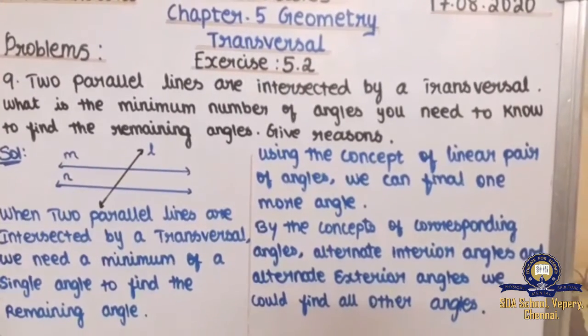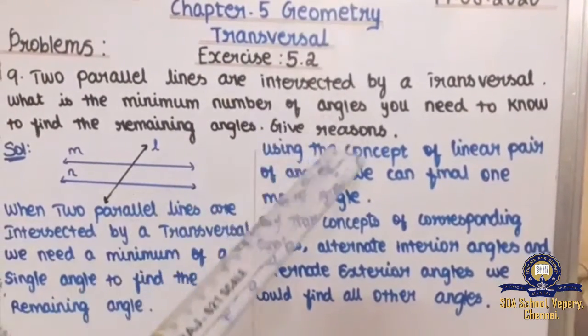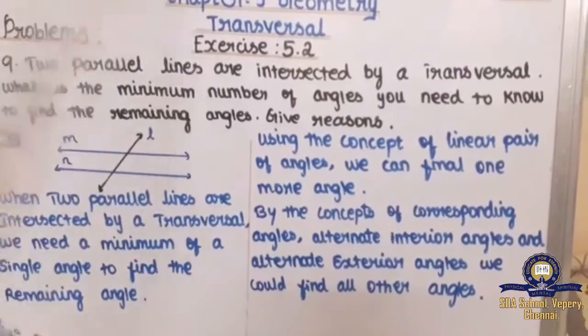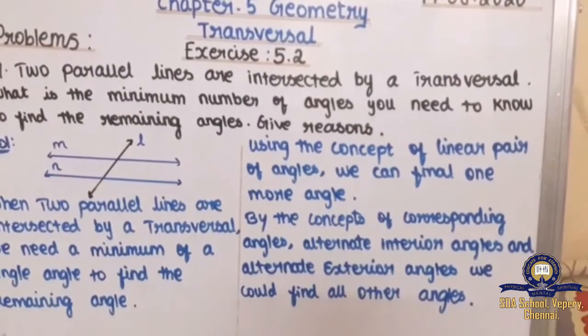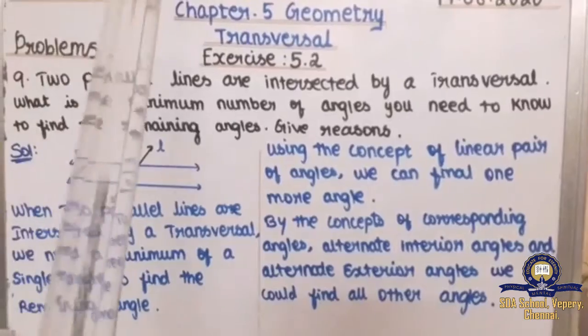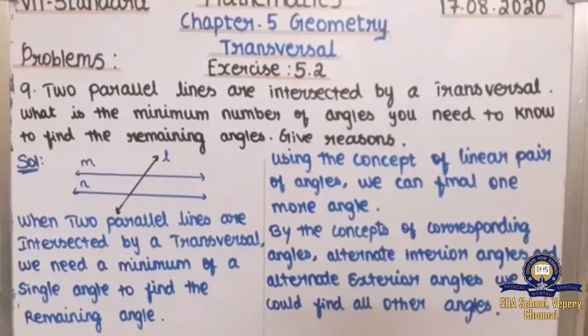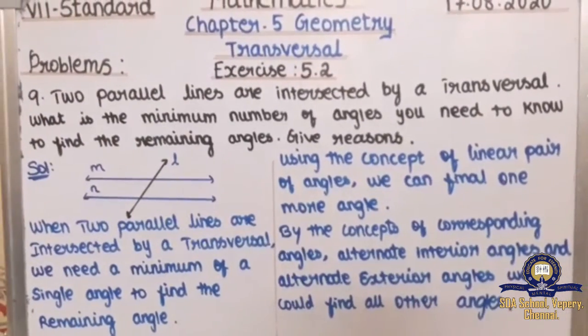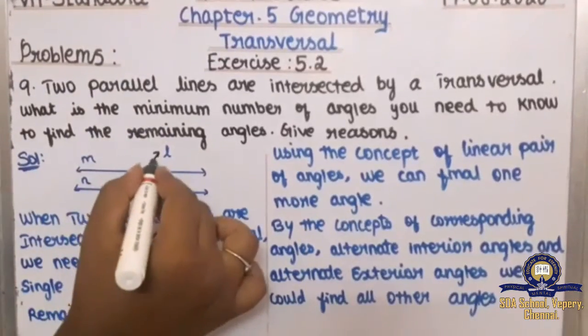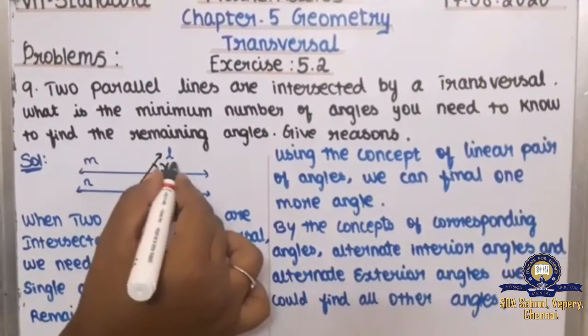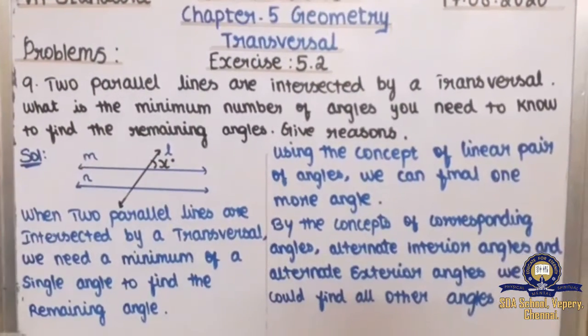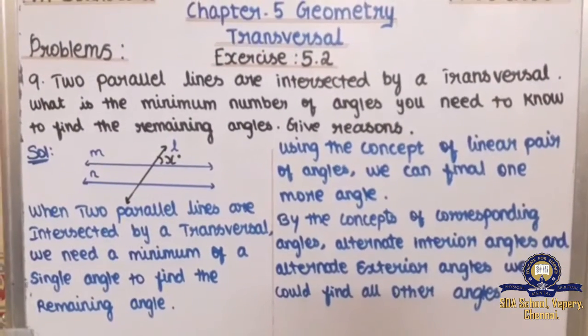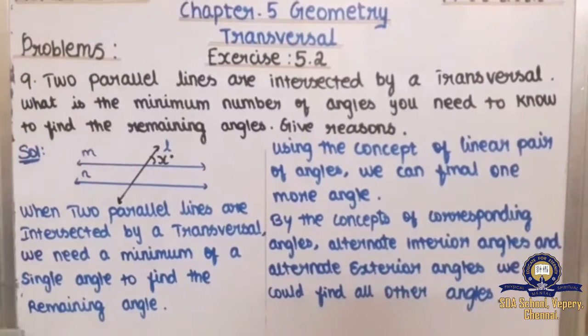And what did they ask? What is the minimum number of angles you need to know to find the remaining angles? So first we need to find the minimum number of angles. So using the concept of linear pair of angles, we can find one more angle as x degrees. Therefore, we find the minimum number of angles. From this concept, we need to know the remaining angles.